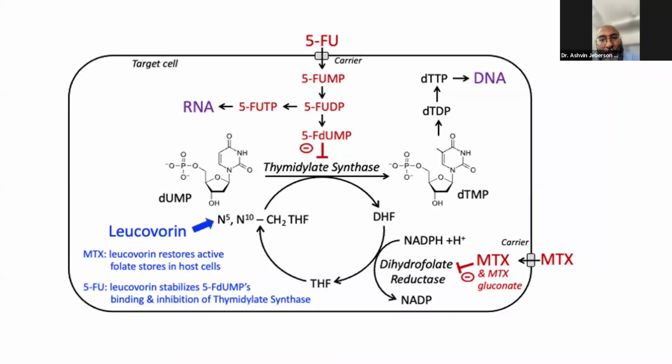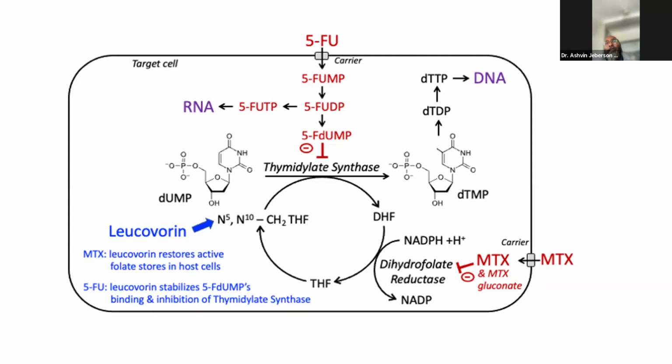So what it does is bypass that block. The methotrexate will be blocking the dihydrofolate reductase. So beyond that, this tetrahydrofolate, which is actually leucovorin, which we are giving from outside, we are bypassing that step, and that will be used by the remaining cells, so that the cells get rescued from the effects of methotrexate. That is the purpose of adding leucovorin for methotrexate.